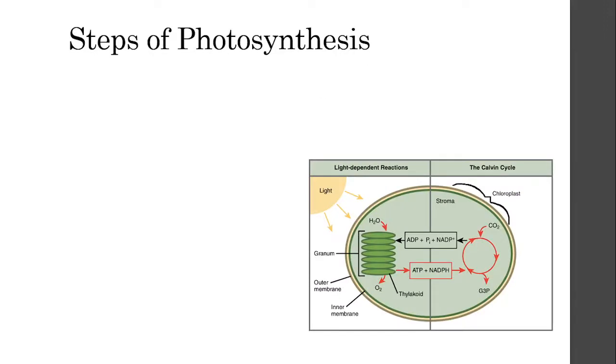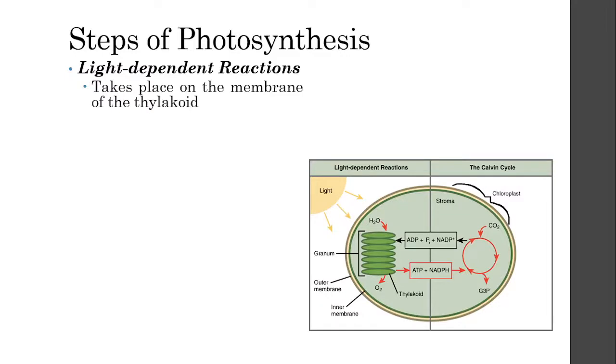Photosynthesis is actually a very confusing and very complicated process. But for the intents and purposes of this class, we are going to generalize it into two steps. Number one is the light-dependent reactions, and number two is the Calvin cycle. Light-dependent reactions, from the name itself, need light.